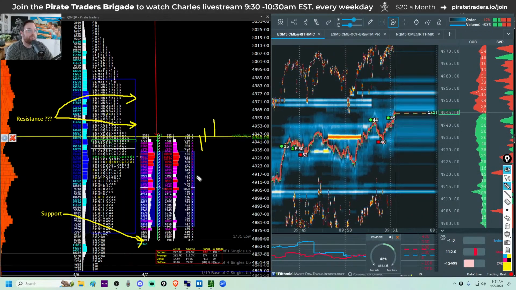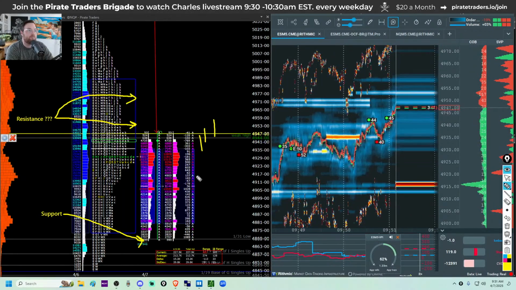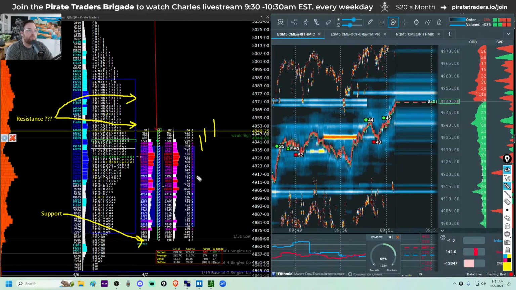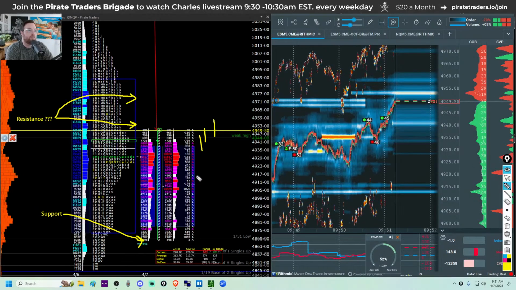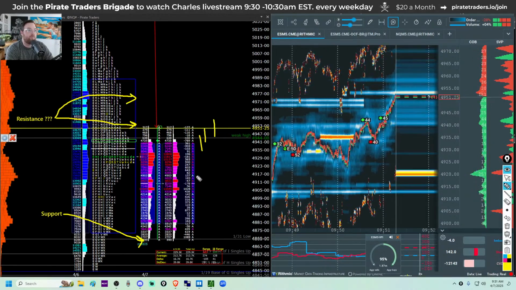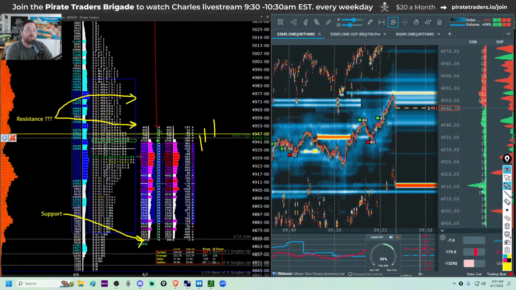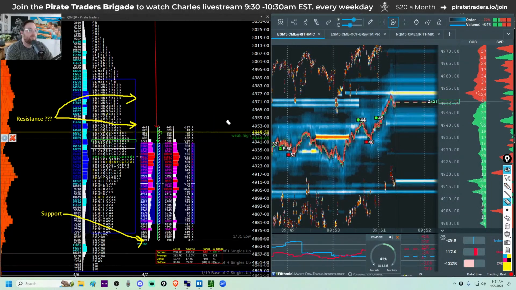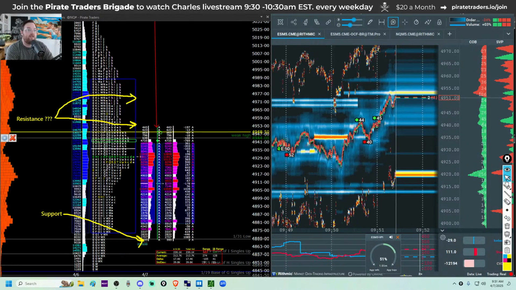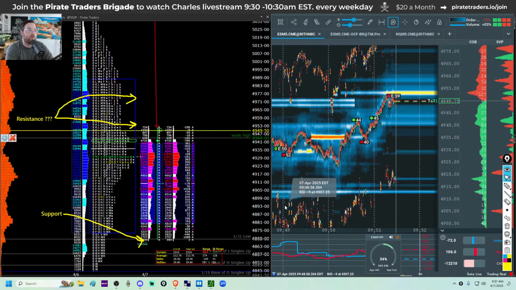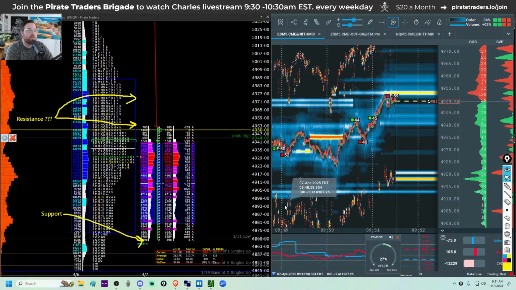Pop. There's the next one. Pop, pop. So that tells us the move up to where we are right now is shorts covering, not new buying.